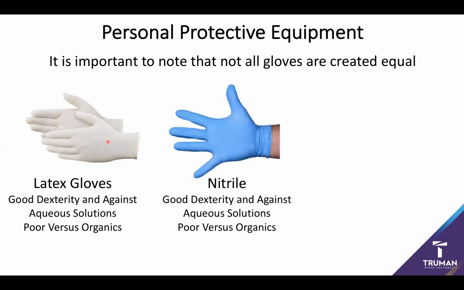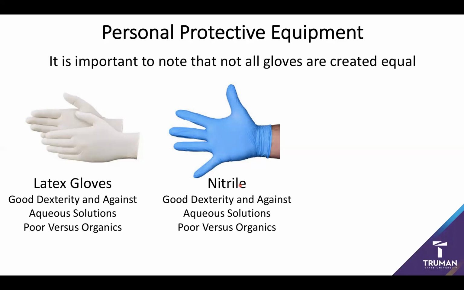Something similar happens with nitrile gloves. Again, they're very good with dexterity, very cheap, good against aqueous solutions, but poor versus organics. I've actually had several pairs of nitrile gloves dissolve on me when I had to work with chlorinated organic solvents. That's kind of a disturbing sight the first time you watch a glove more or less melt on your hand.